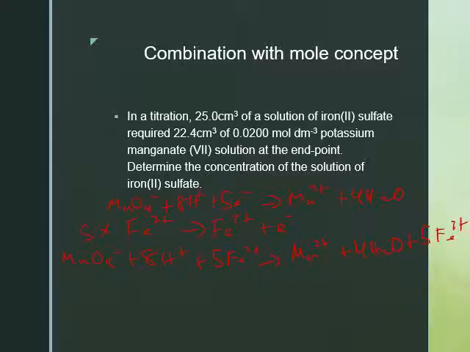Okay, so I'm told amount MnO4 minus equals volume times concentration, and that gives me mole. So amount Fe2 plus equals 5 times that.